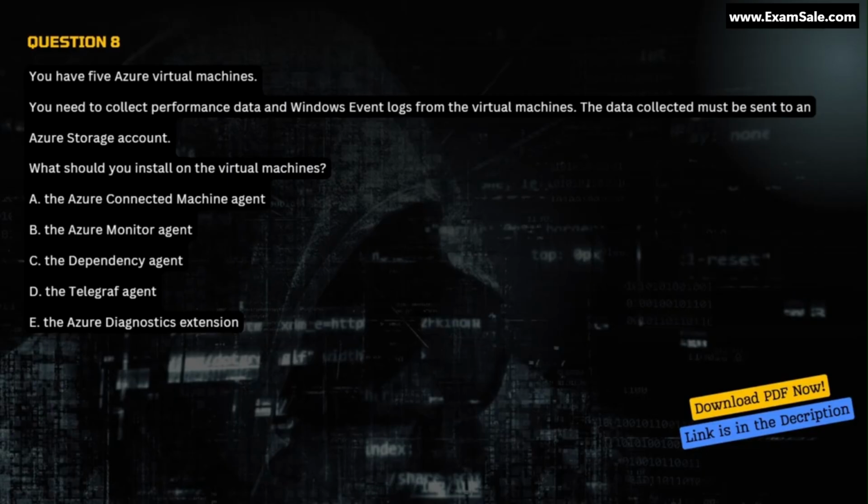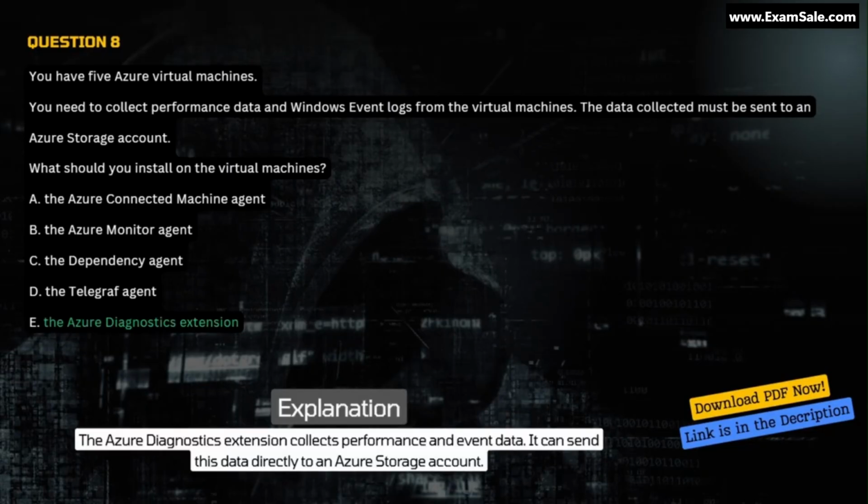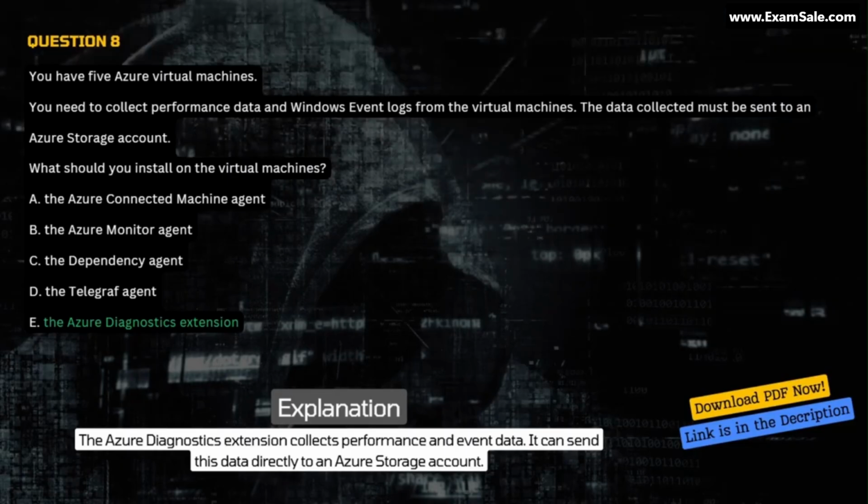C. The Dependency Agent. D. The Telegraf Agent. E. The Azure Diagnostics Extension. Correct answer E. The Azure Diagnostics Extension. Explanation. The Azure Diagnostics Extension collects performance and event data. It can send this data directly to an Azure storage account.